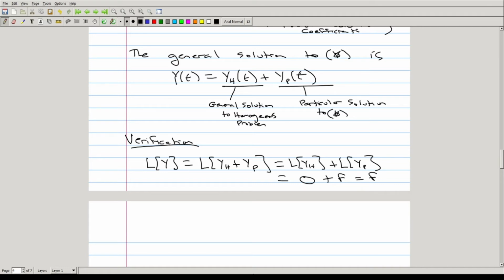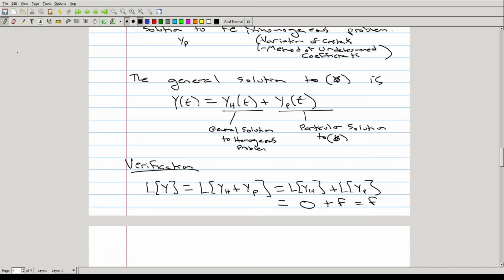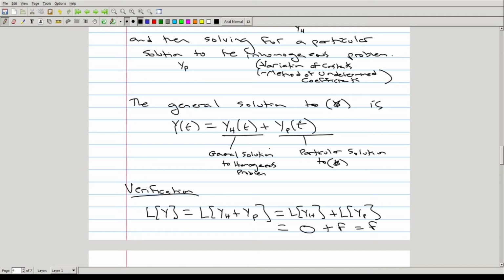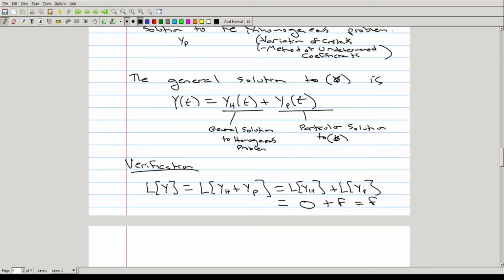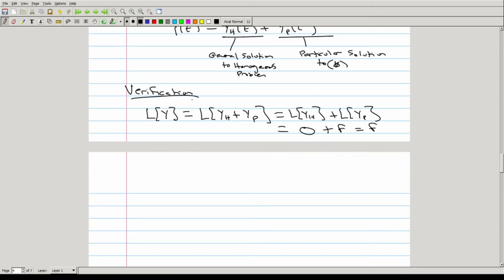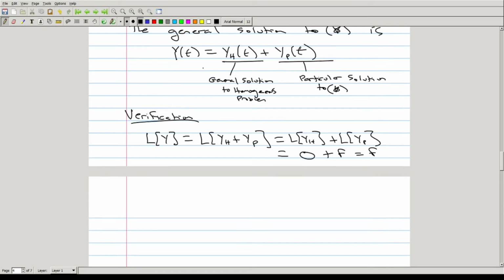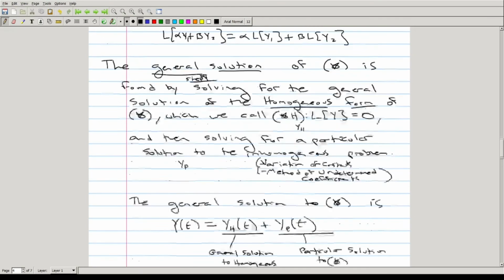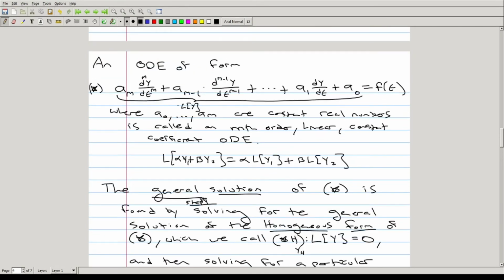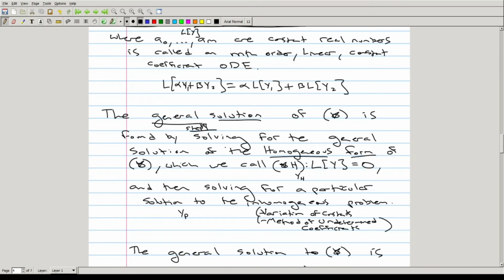So this definitely satisfies L of y. In the typical ODEs course, you show that this is the correct form for the general solution. And one of the things that the homogeneous solution depends on are the roots of the characteristic polynomial of this equation itself, the characteristic polynomial for this differential equation right here.